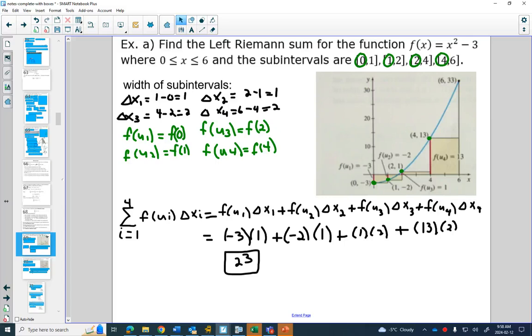Something to notice in our calculations, which we've talked about a little bit before, is that these rectangles that were below the x-axis end up having a negative answer.